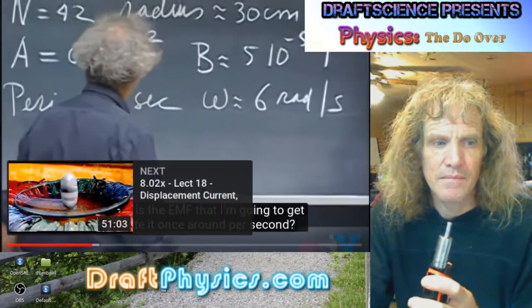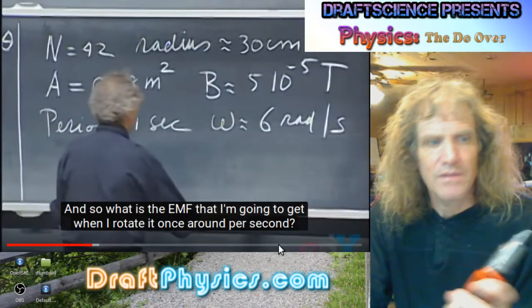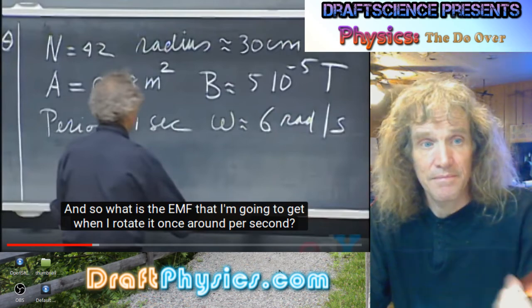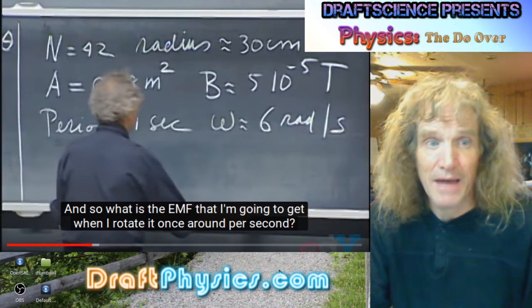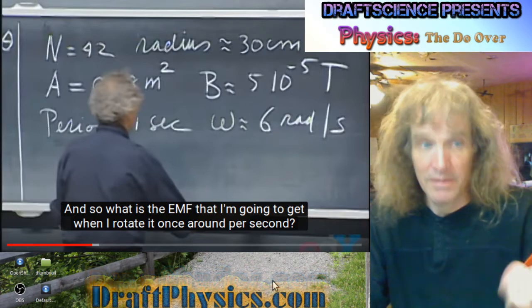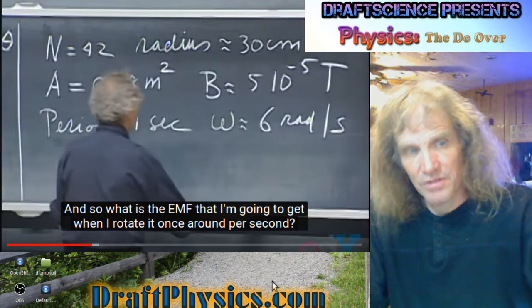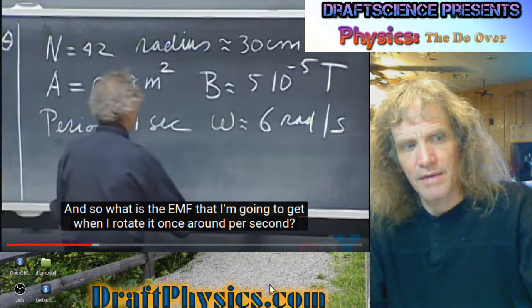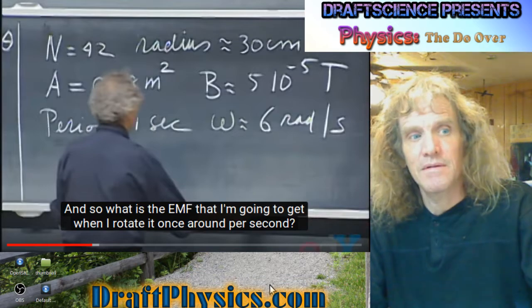And so what is the EMF that I'm going to get? These are just proportional relationships, like most of this mathematics, which is a formalization of proportional relationships. So just understand that the area really isn't relevant.